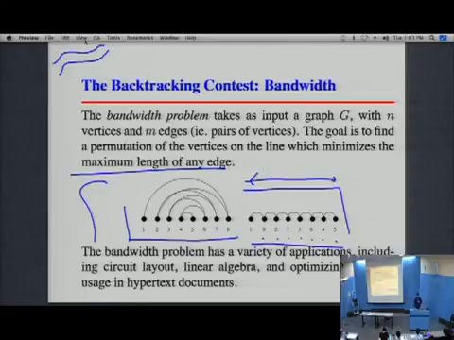Exactly right. And why would anyone care about doing this? Before we actually do it, you may ask, why does anybody want to do this? It's one of these problems that tends to come up surprisingly often. The two stories that I think are most convincing, one of them has to do with linear algebra.